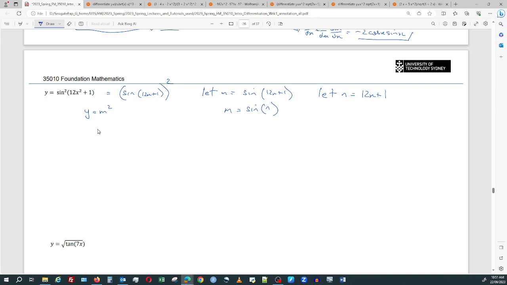That means we've got a chain rule that goes dy/dm, dm/dn, and dn/dx. Okay? 3 chains.